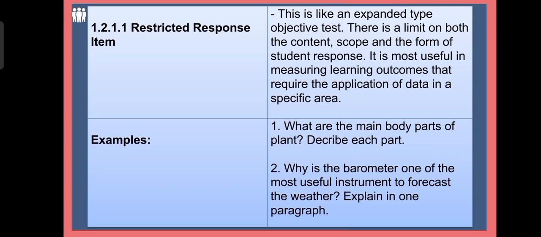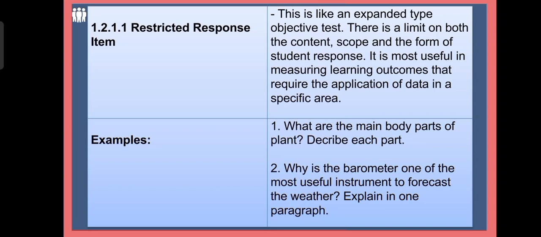So the restricted response item, this means that this type of question limits the content and form of the student's answer, but still requires them to demonstrate their knowledge and ability to think critically. For example, this type of question asks students to describe the main body parts of a plant and explain each part.